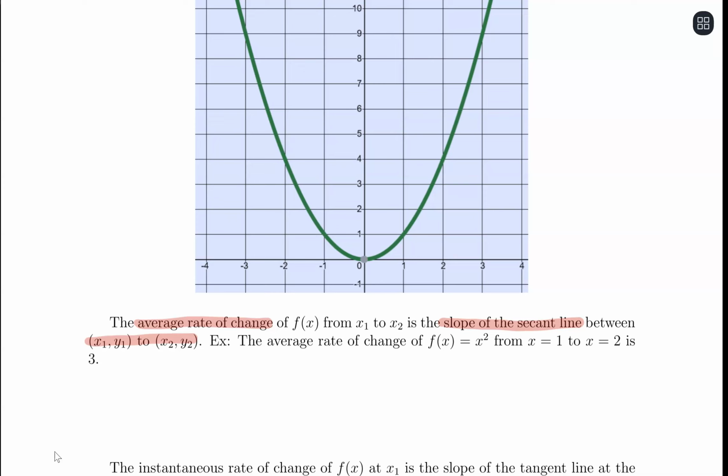For example, the rate of change of f(x) = x squared from x = 1, that coordinate (1, 1), to x = 2, which is (2, 4).